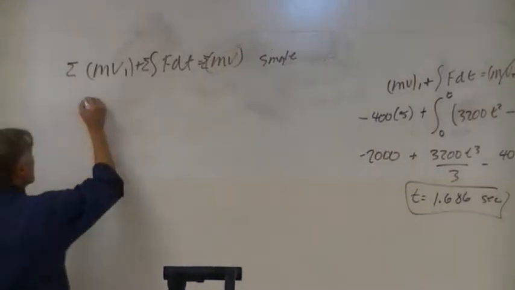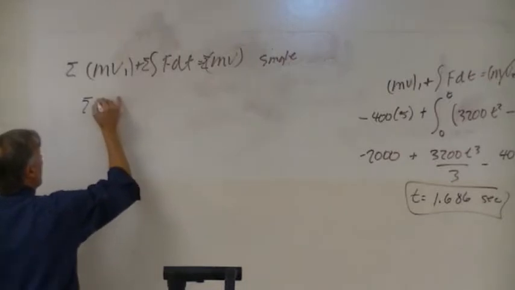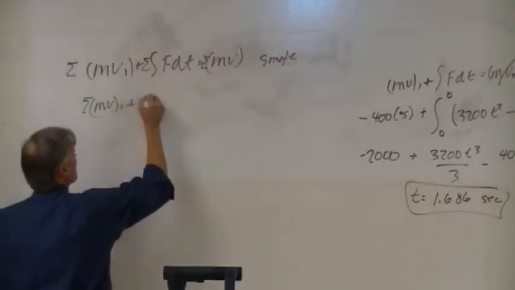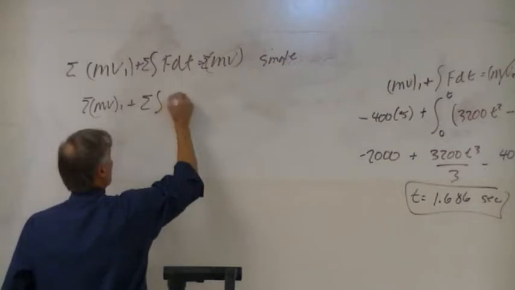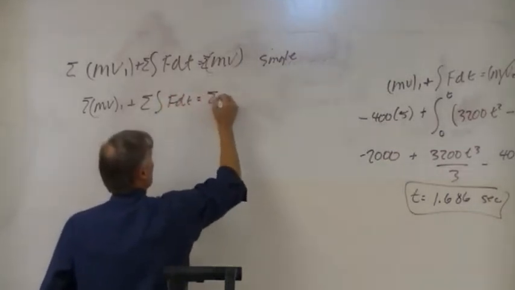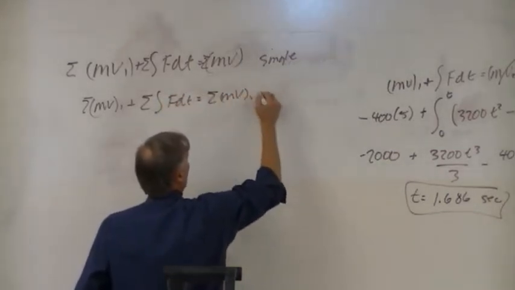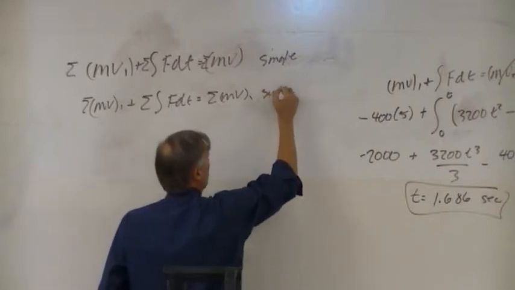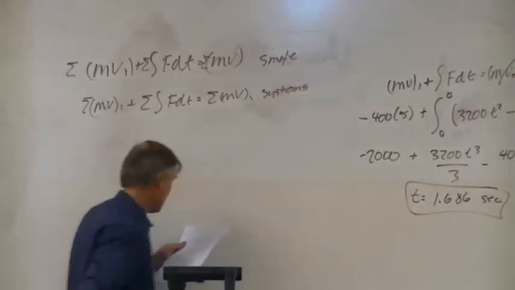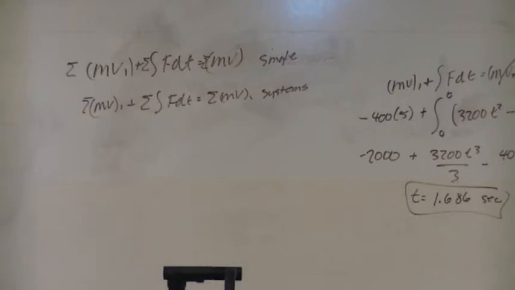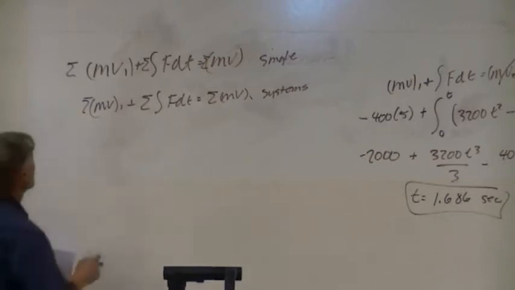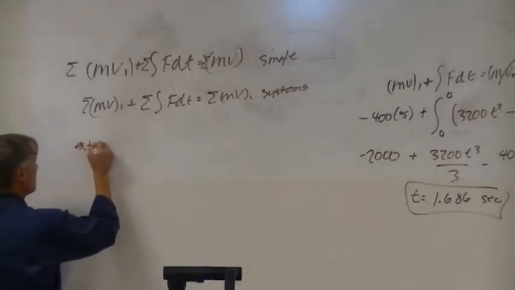So we'll say the sum of mv1 plus the sum of the integrals of F dt equals the sum of mv2 for systems. Okay? Now, in systems and in singles, we have external forces.